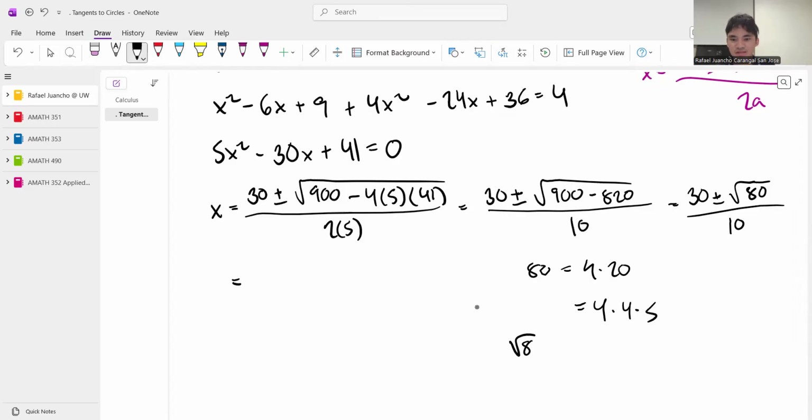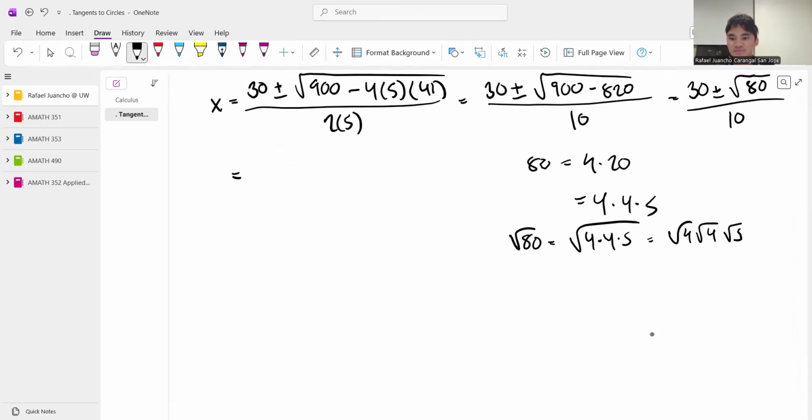So square root 80 is square root 4, square root 4, square root 5. That would be 4 square root 5. Okay. So we would get 30 plus minus 4 square root 5 over 10.